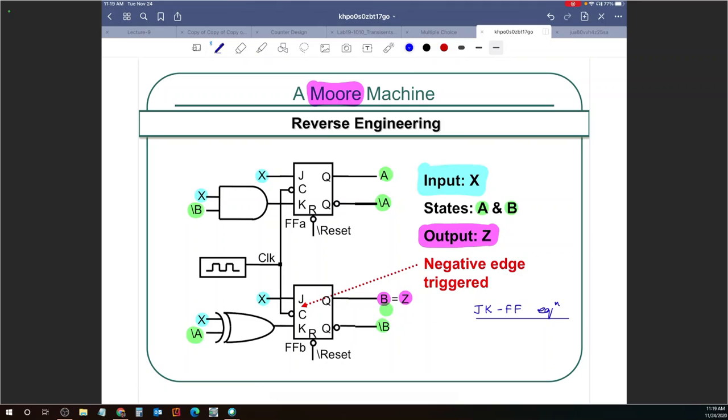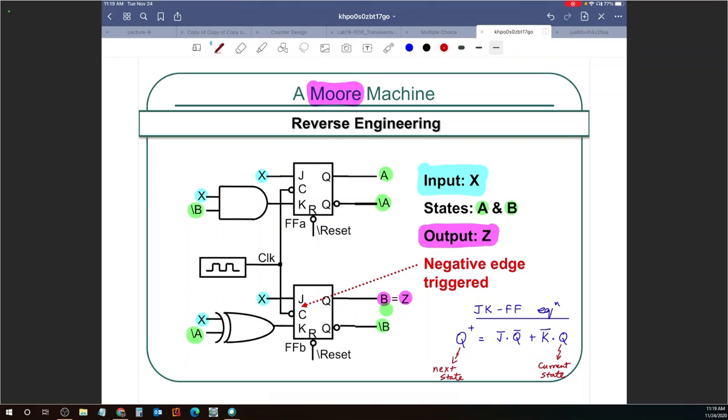The characteristic equation of a JK flip-flop is Q plus equals J Q complement or K complement Q, where Q represents the previous state or the current state, and Q plus represents the next state. And of course, J and K are the inputs to the flip-flop.